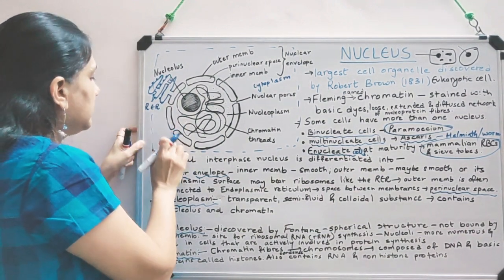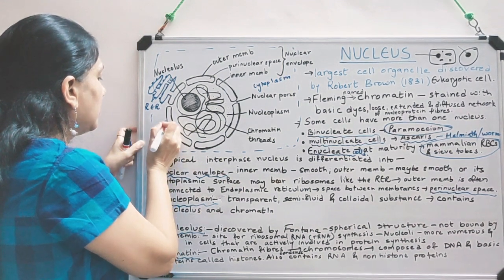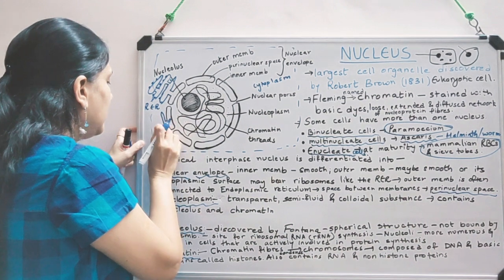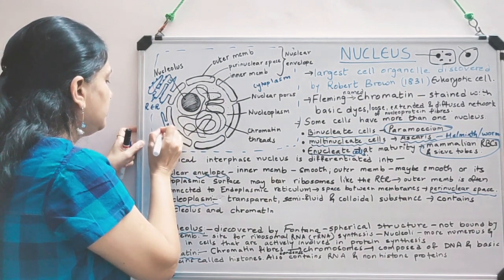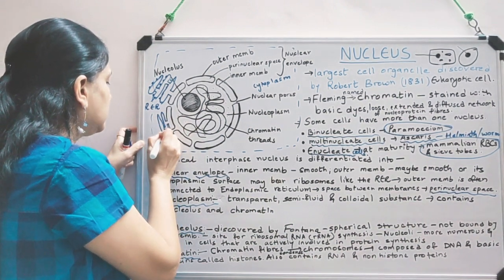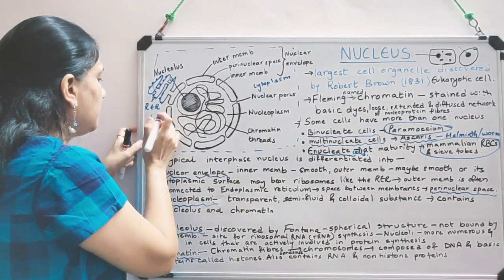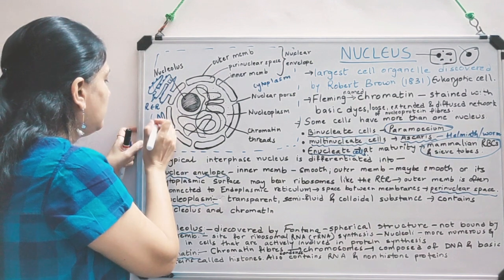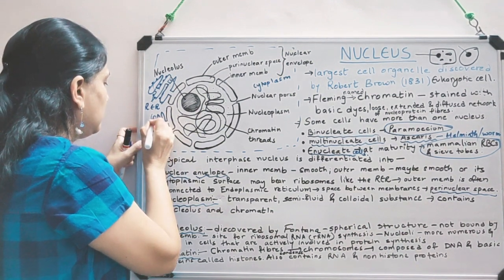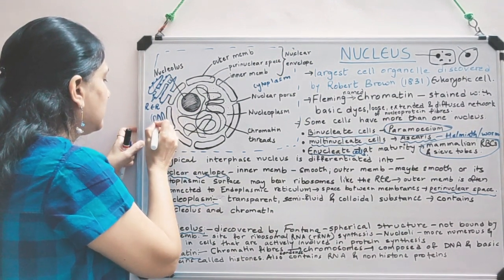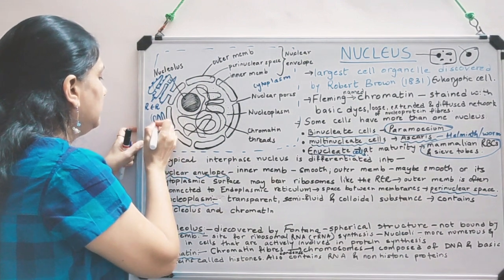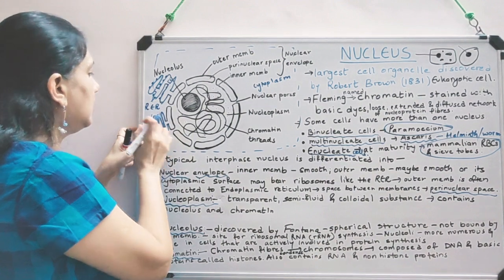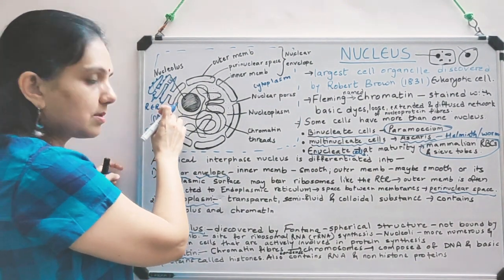Supposing in the mirror I am drawing endoplasmic reticulum like this and it has no ribosomes attached. When you feel the surface, how would it be? It would appear smooth. So this is called the smooth endoplasmic reticulum. Both are endoplasmic reticulum, but one is smooth and the other is rough.